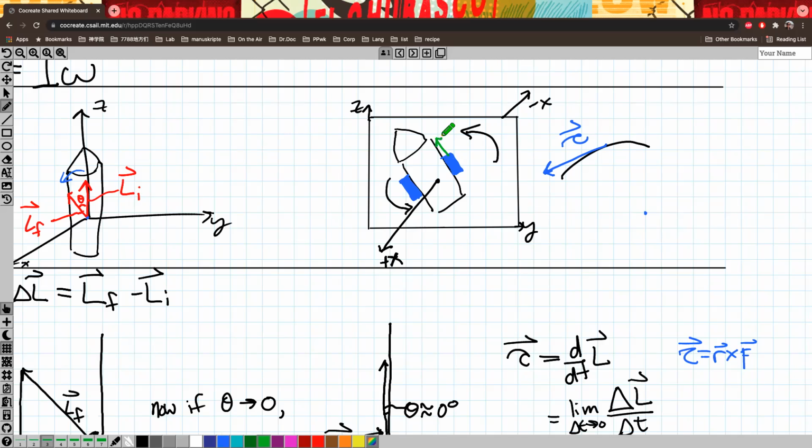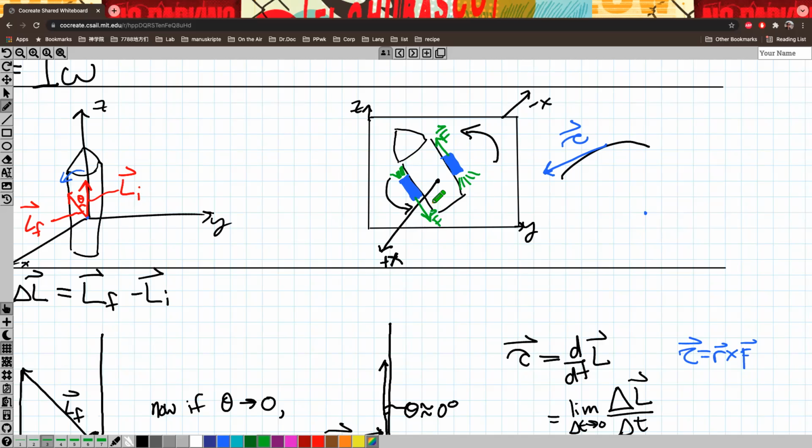It would be emitting the gases on that side. So there's a force of F going that way, and there's an equal and opposite force F going in that direction. Now, what about for the other one? The gases would be emitting the other way, and the force would be going downwards like that.